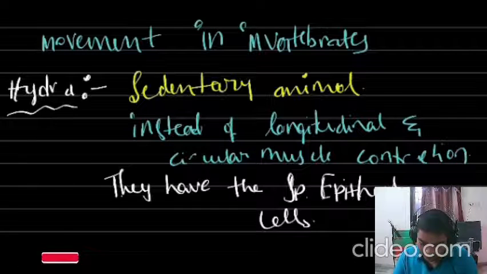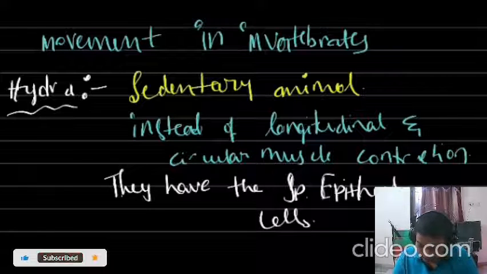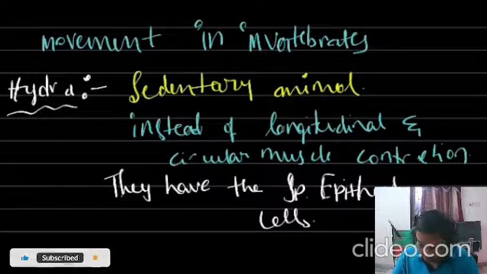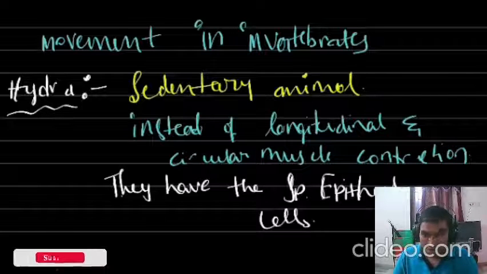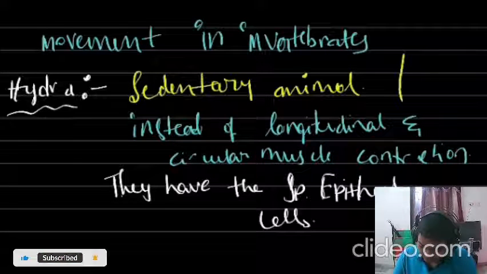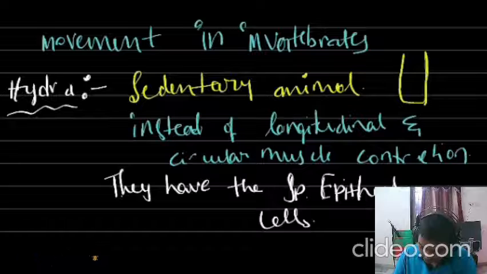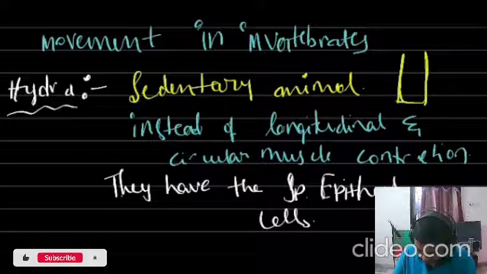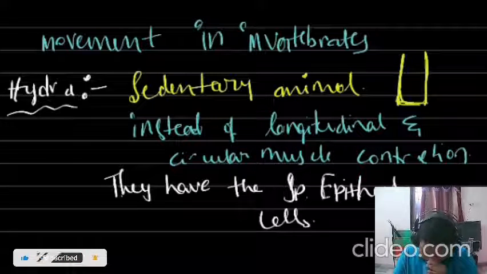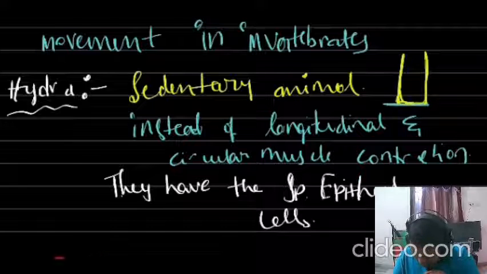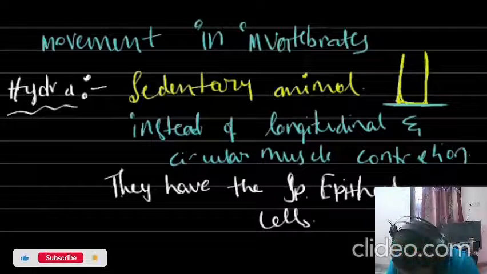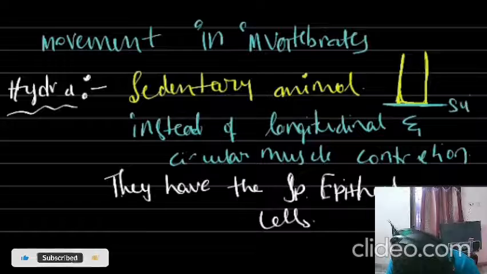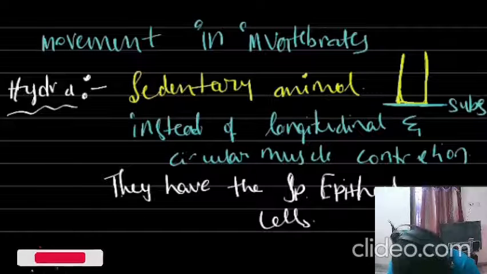Okay, let me draw the diagram while referring to the notes. Okay, this is what is meant by sedentary. You can get it like that. Yes, see this. This is the organism, and this is the substratum. I am writing it: substratum.